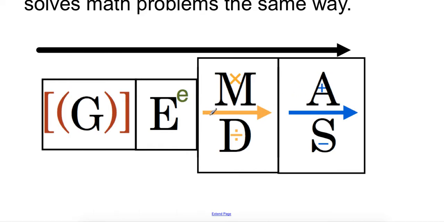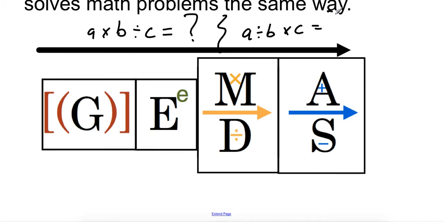Now, if you notice, there are these arrows that go from left to right throughout multiplication and division and addition and subtraction. The reason is because if I have three numbers, let's say variables A, B, and C, so A times B divided by C, and I'm looking for the solution, I need to remember to multiply or divide first: A times B, then divide by C. And in the case where we have A divided by B times C, because division comes first from left to right, we would divide first, then multiply.